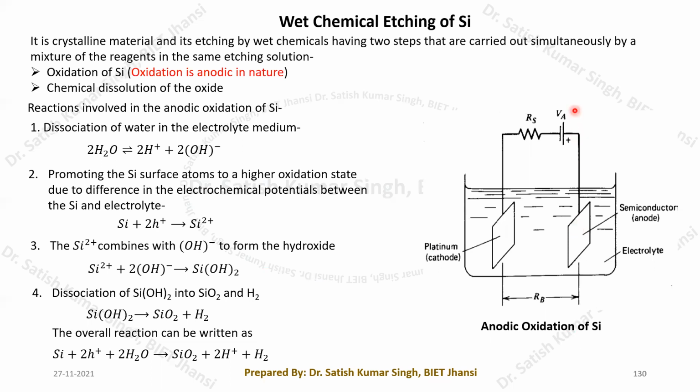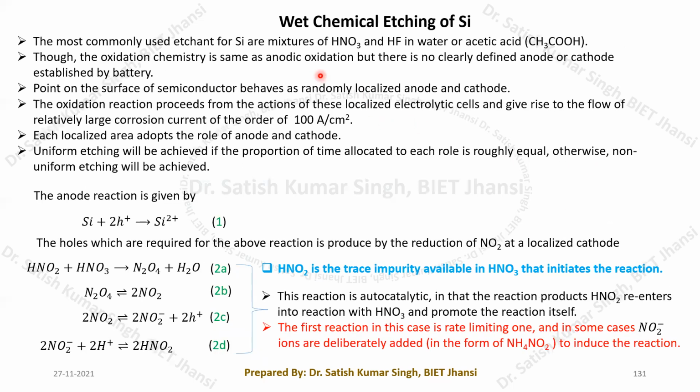By increasing the potential in an n-type substrate, or for a p-type substrate, the battery supplies holes to the substrate. But in wet chemical etching there will be no clearly defined anode or cathode, and no such batteries. Generally, when we place our wafer inside the chemical solution, the surface of the semiconductor itself behaves as a randomly localized anode.